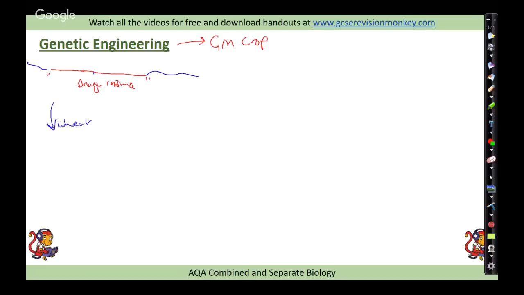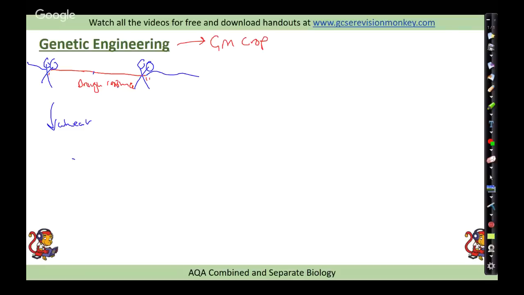So what you would do is you'd use enzymes to cut the gene out of the plant. For example, if we wanted drought resistance, we'd find a drought resistant plant, we'd use enzymes to cut the gene, and then we would put that into the genetic information, the DNA of our wheat plant.